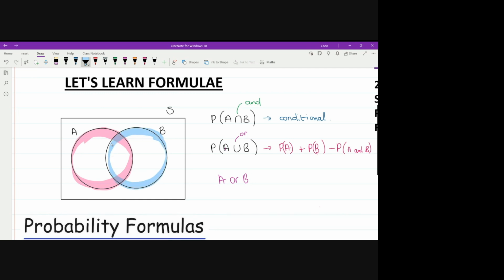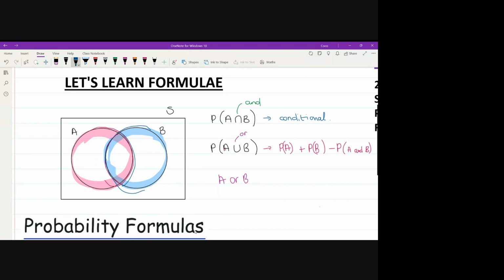Okay, so now if you look at what's happened here, the probability of A has taken up that part, but also the probability of B has also taken up that part. How many times did we count that middle part? We counted it twice, once for each circle. Is that making sense?